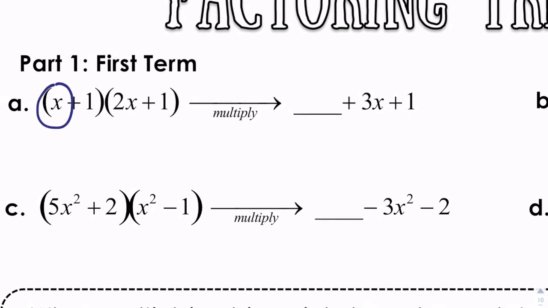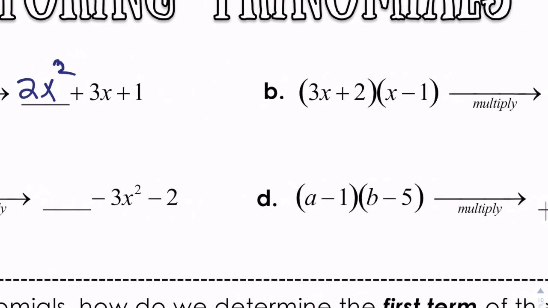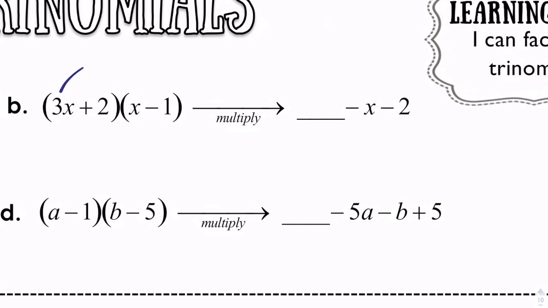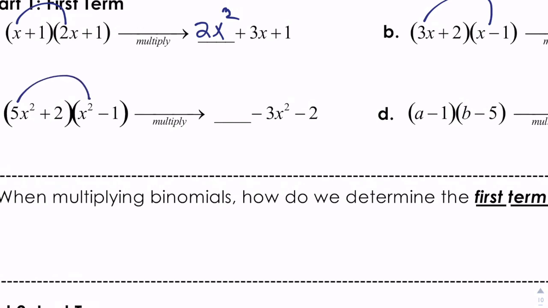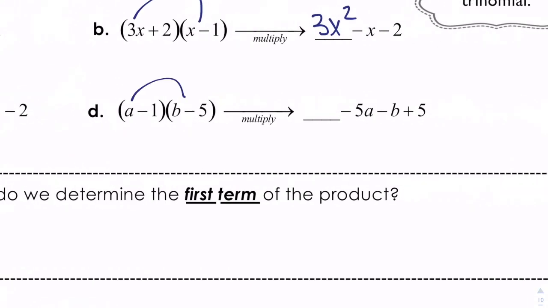If I give you two factors and we're trying to multiply them, what do we know about this first term? Well, this times this makes 2x squared, and they already filled in the rest, so we don't have to worry about that. This times this makes 3x squared, this times this makes 5x to the fourth, and this times this makes a times b.